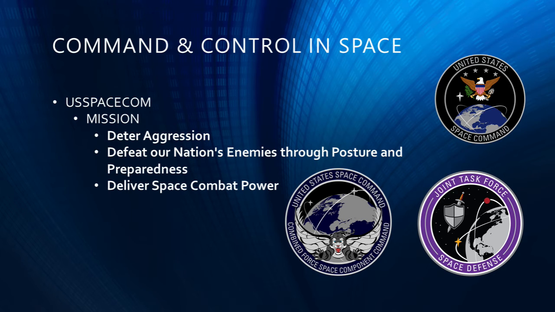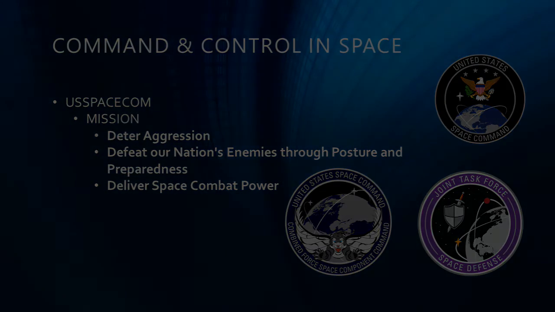The second component is the Joint Task Force Space Defense. They conduct, in unified action with mission partners, space superiority operations to deter aggression, defend the U.S. and its allies' interests, and defeat adversaries through the continuum of conflict.